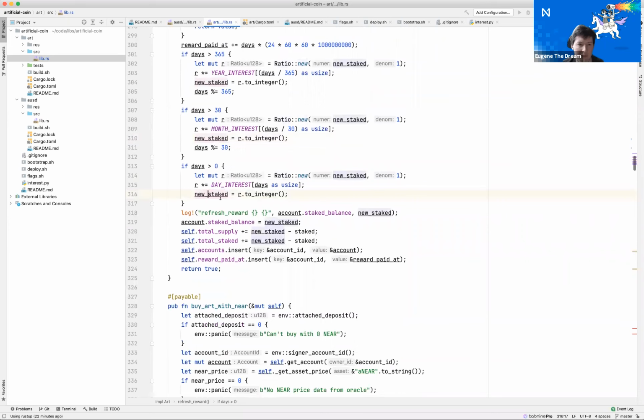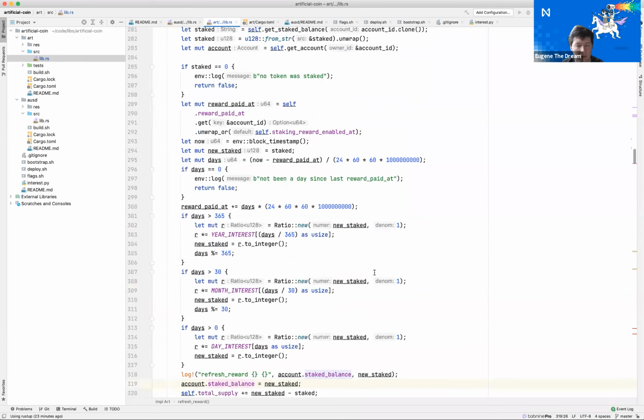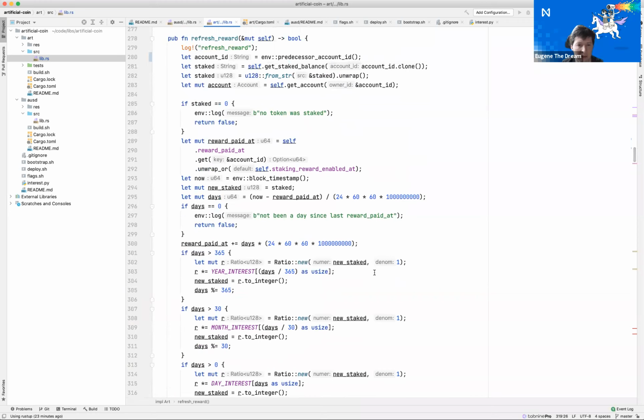Okay, so we computed how much the new stake balance is. We say, okay, stake balance was that, now the new stake balance is this. Why it's a stake balance, I'm not quite sure, because I think the README said that the rewards will be unstaked, but they actually restaked.